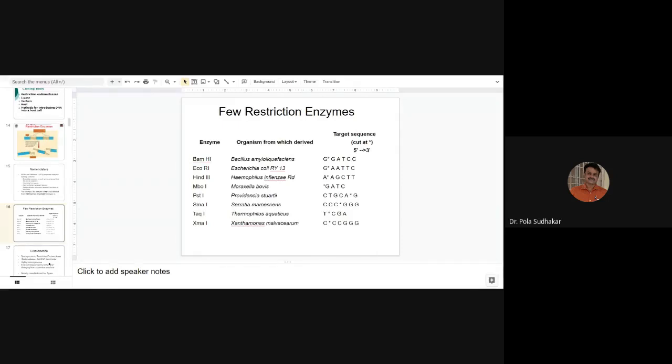And classification. You can write these examples.